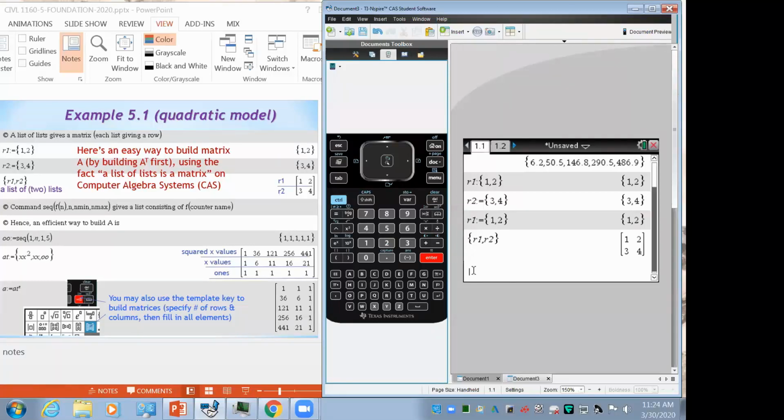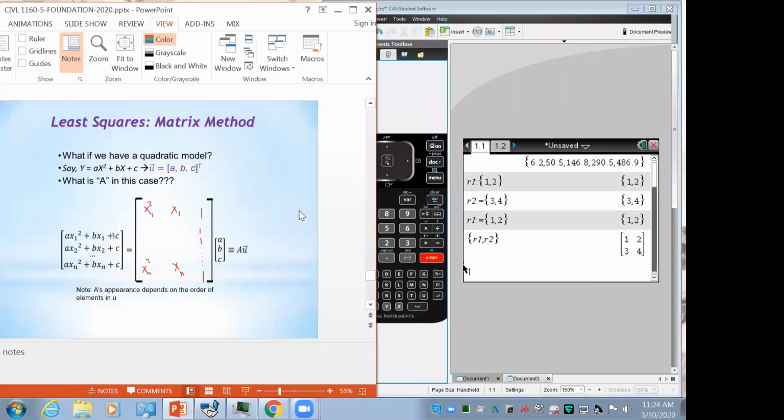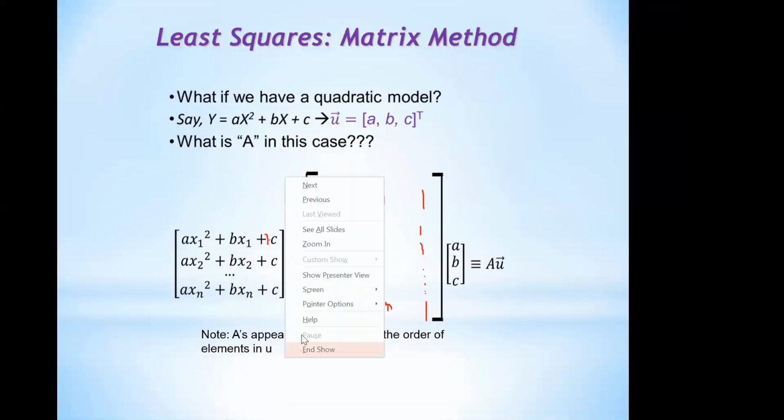So by the same token, I'm going to make it easy for myself to construct my A. In fact, let me do A transpose first. Why do I do that? Because I need that also, right? So I have one, I have the other.